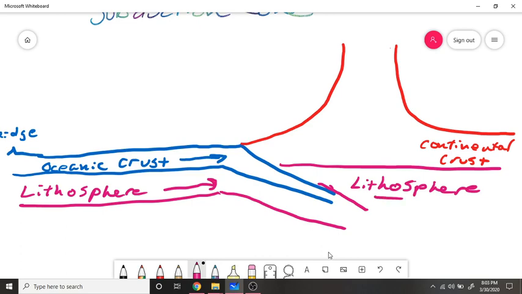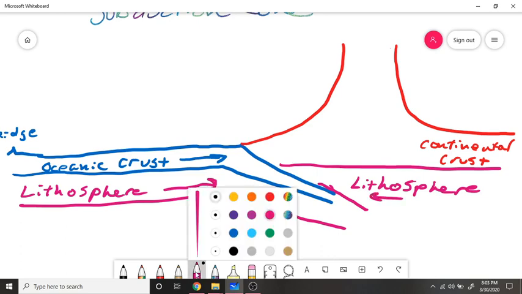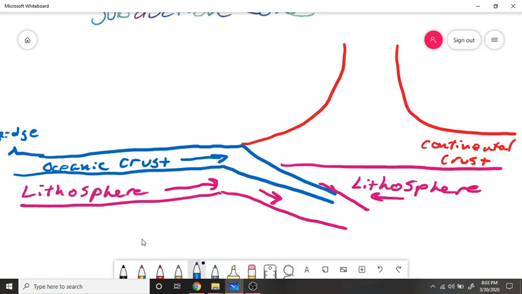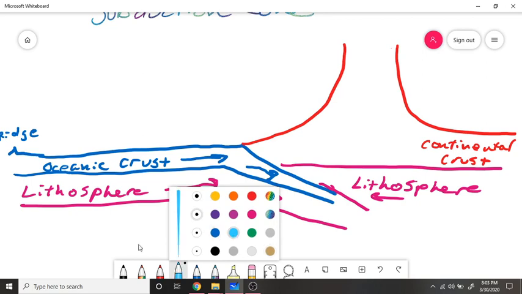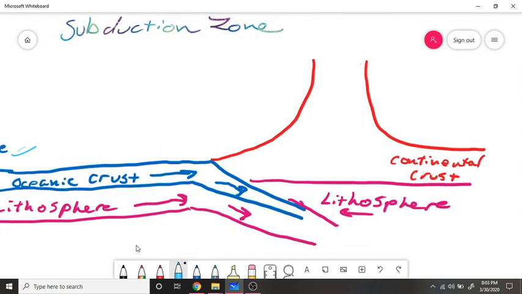And the lithosphere is moving this way. Here it's moving this way. Our oceanic crust is moving down. It is subsiding. Just to make my visual a little bit better, here's my ocean meeting the shore.